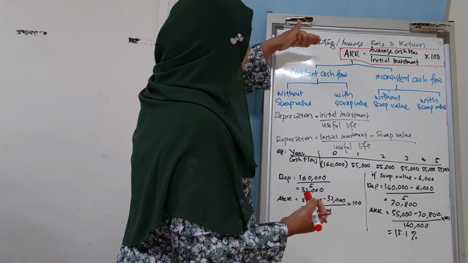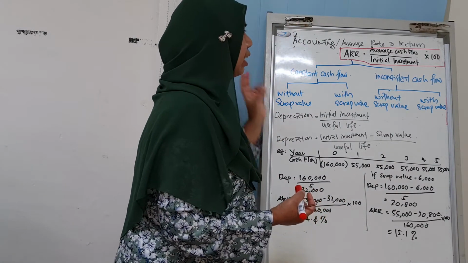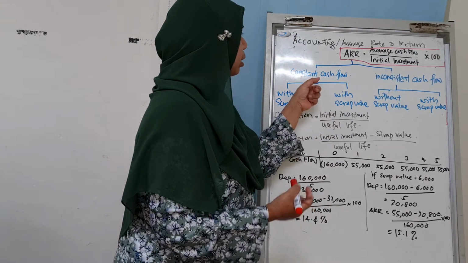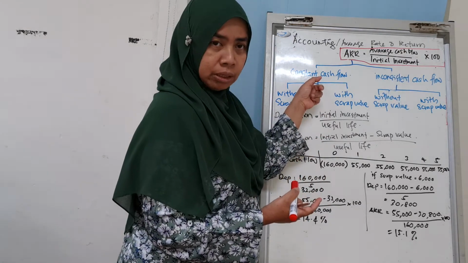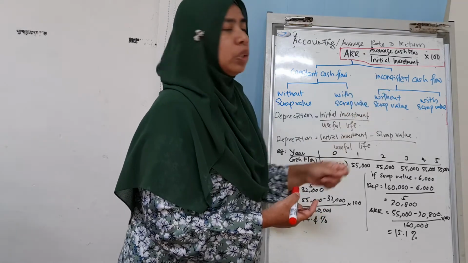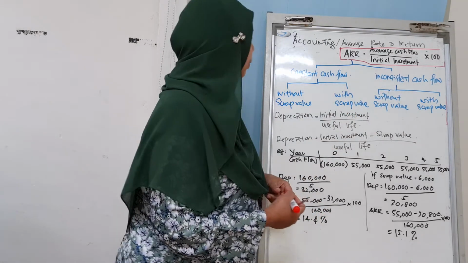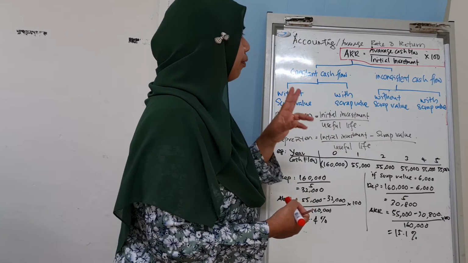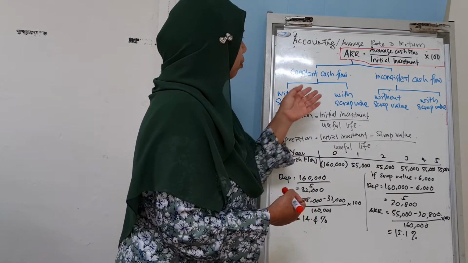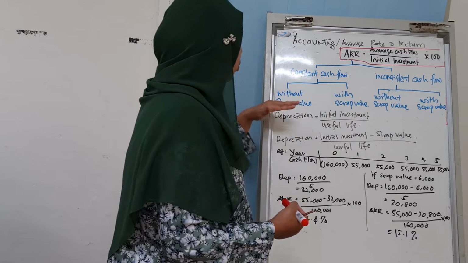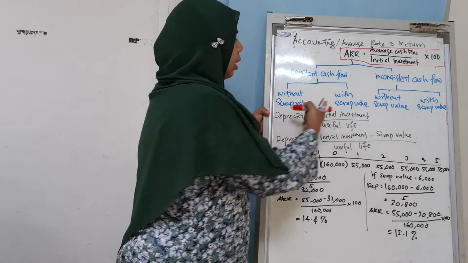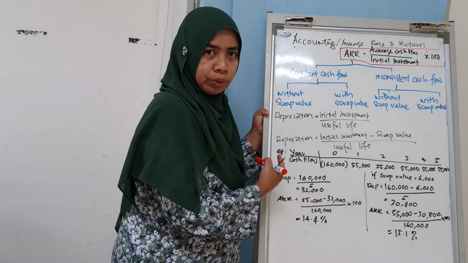In ARR, there are two types: whether the cash flow is constant, or inconstant cash flow. And whether the calculation is without scrap value or with scrap value. In inconsistent cash flow, there is also without scrap value and with scrap value, right?